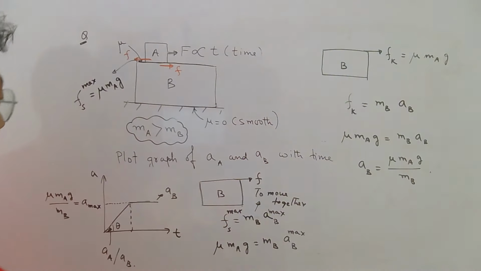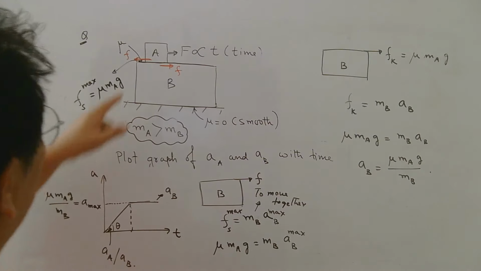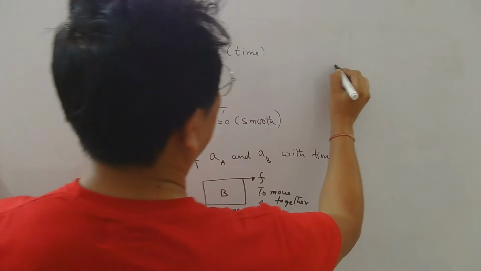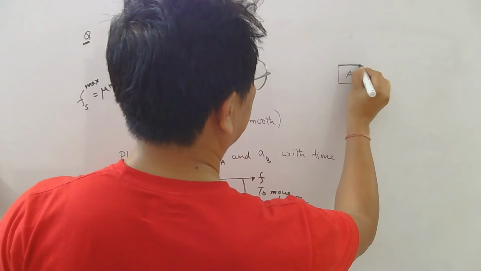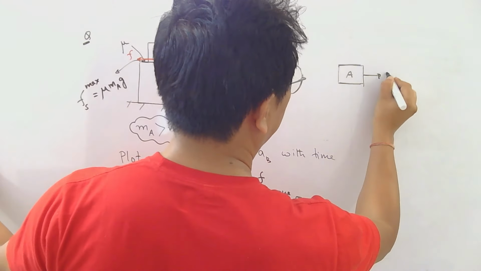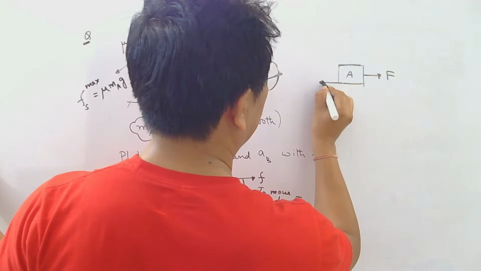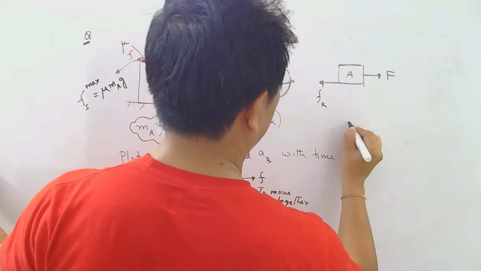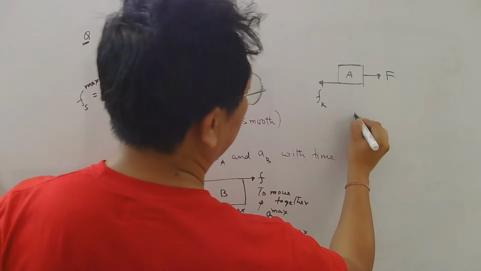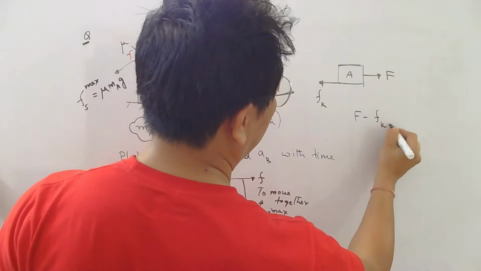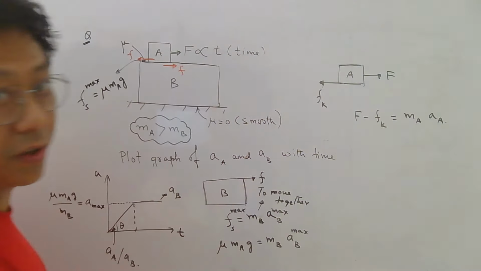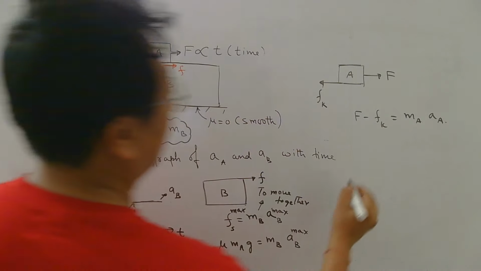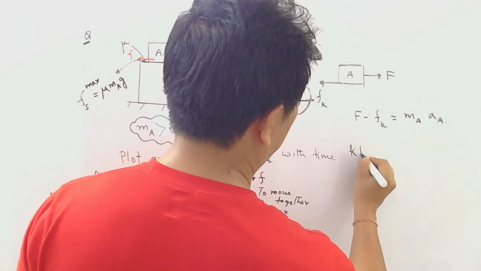Yeah, fine. Now what about A? Now for A, we need to draw the free body diagram. So A has this applied force and here this kinetic friction, and Newton's law, if you write, F minus kinetic friction is mass of A into acceleration of A. Applied force increases with time, right?